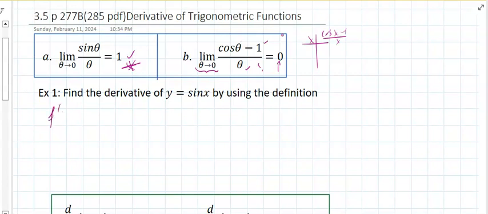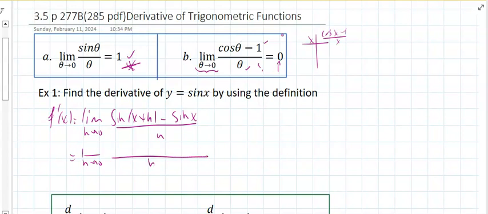We'll say f prime of x is the limit as h approaches 0 of sine of x plus h, that's f of x plus h, minus sine of x, which is f of x, all over h. Well, we know that sine of the sum is sine of the first times cosine of the second plus sine of the second times cosine of the first.